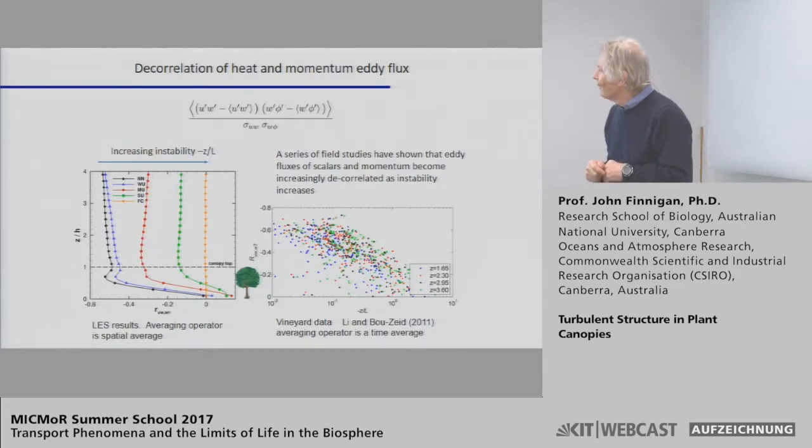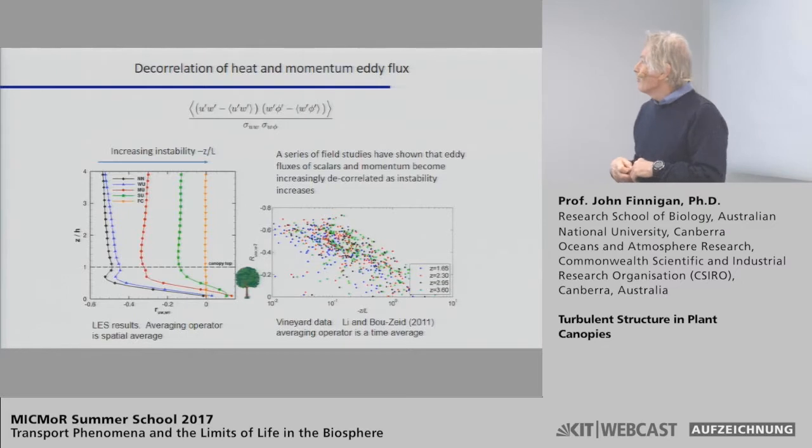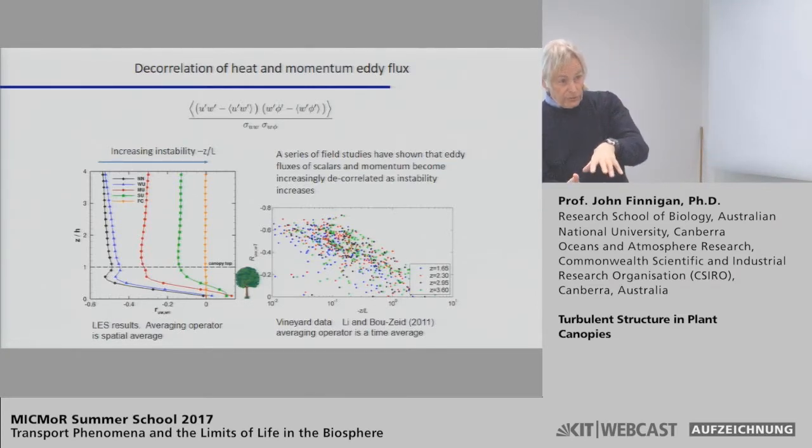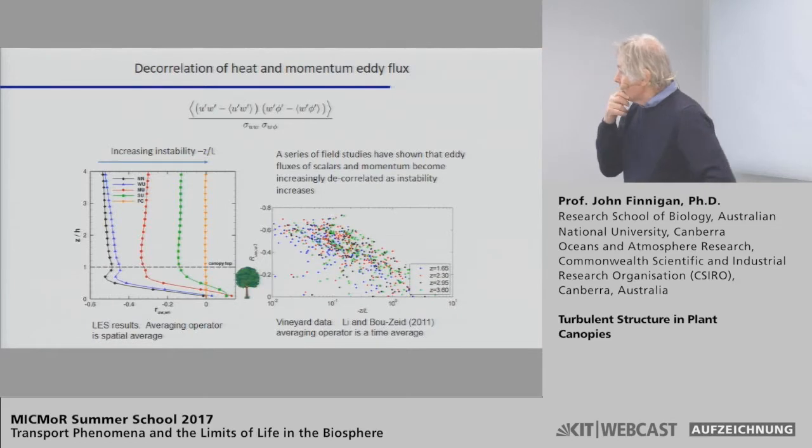Never mind that. Basically what we're doing is looking at the correlation between the fluctuating transfer of momentum and the fluctuating transfer of heat, divided by the variances.